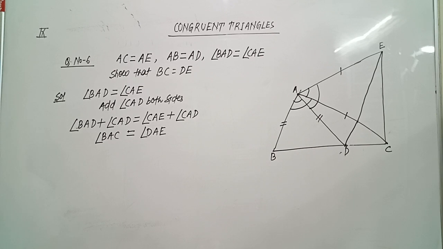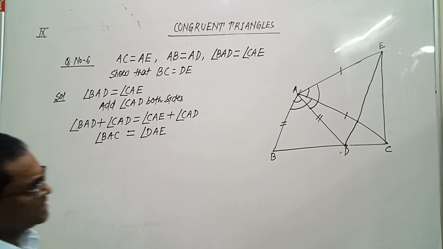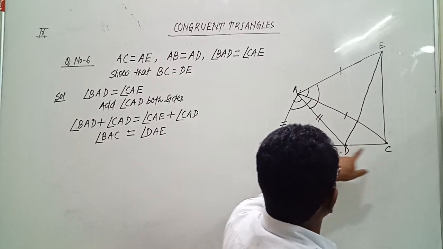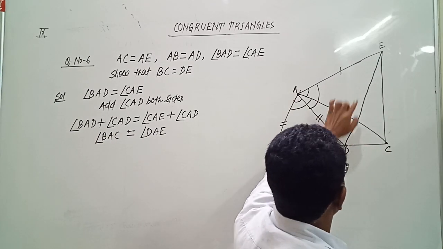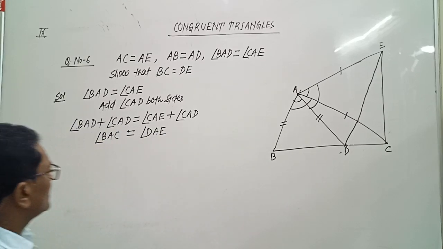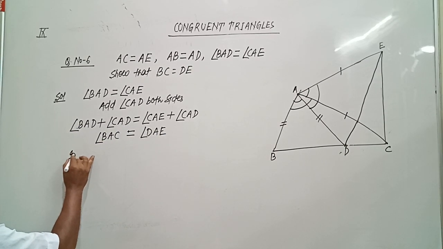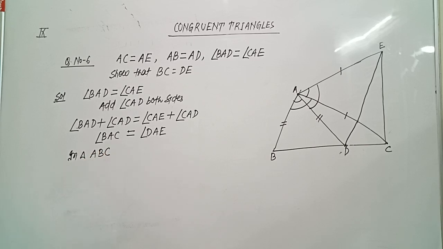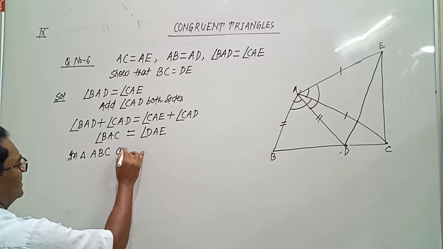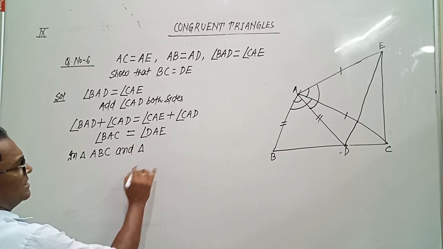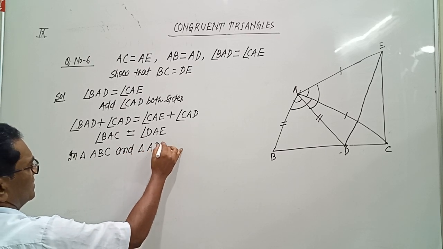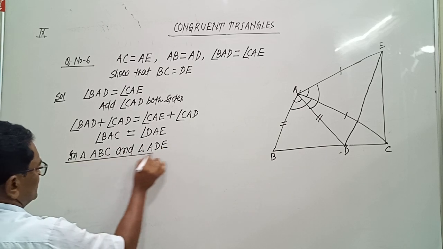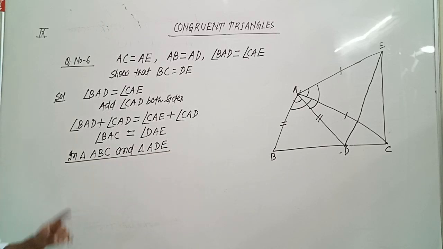Now we take two triangles, triangle ABC and triangle ADE.